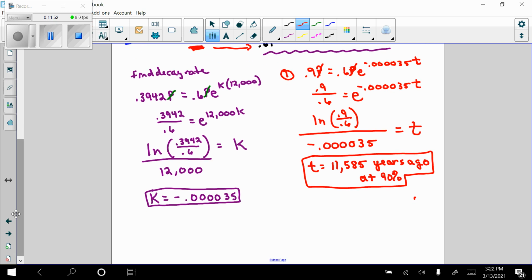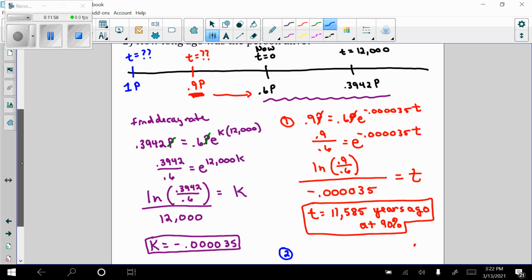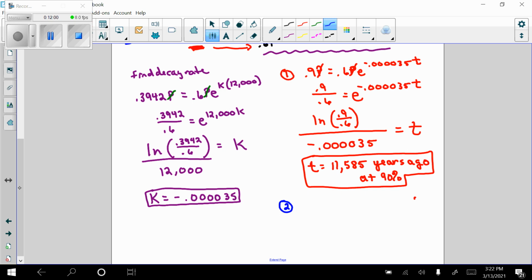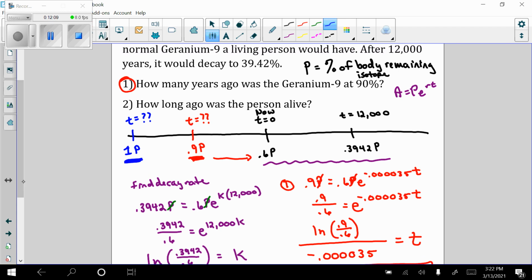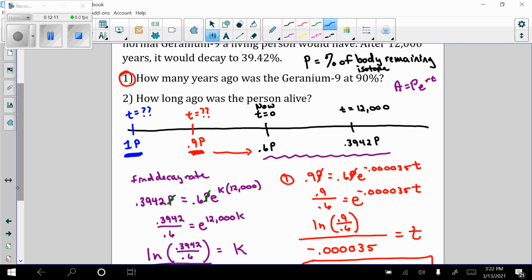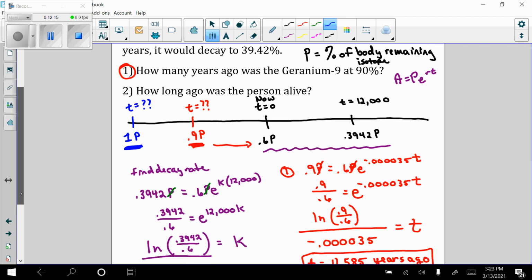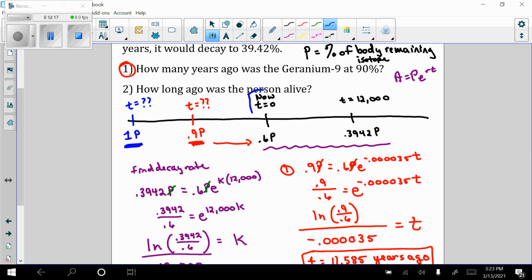Okay, so for number 2, now I want to do basically the same thing, but I want to find out how long ago there was 100% of that isotope remaining, so when the body was in full tact. Okay, so you've got to make a choice, like which value do you want to go from? So I choose to go from the now time because it just makes sense to me.